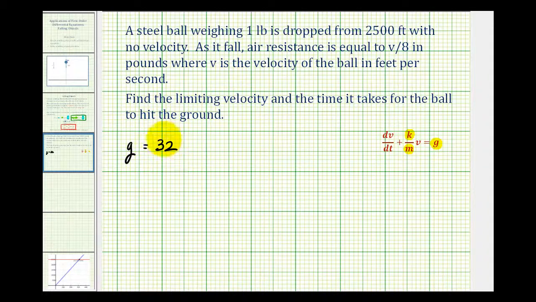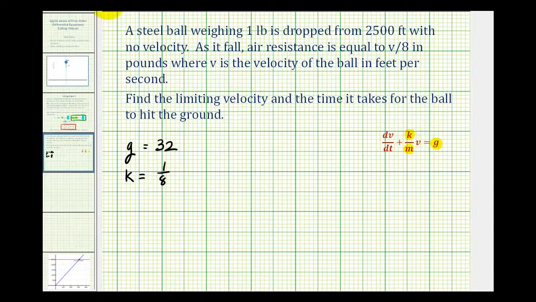Again, we're using a positive value here because we're assuming downward is the positive direction. Now we need to find k and m. Let's talk about k, which relates the air resistance to the velocity. Well, we're told that the air resistance is v divided by 8 pounds, or 1/8 times v. So that means k is equal to 1/8.